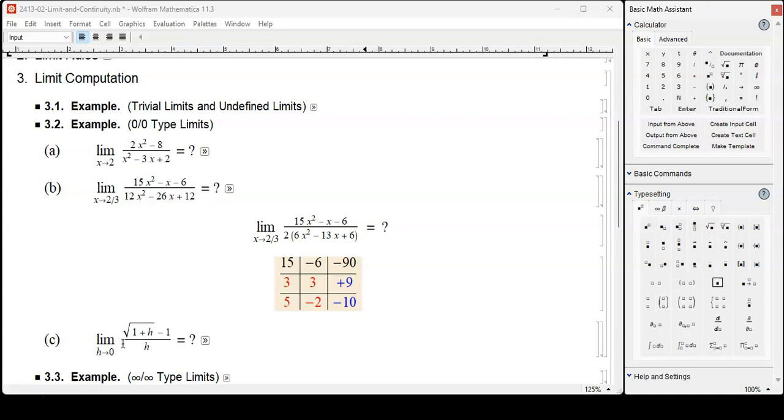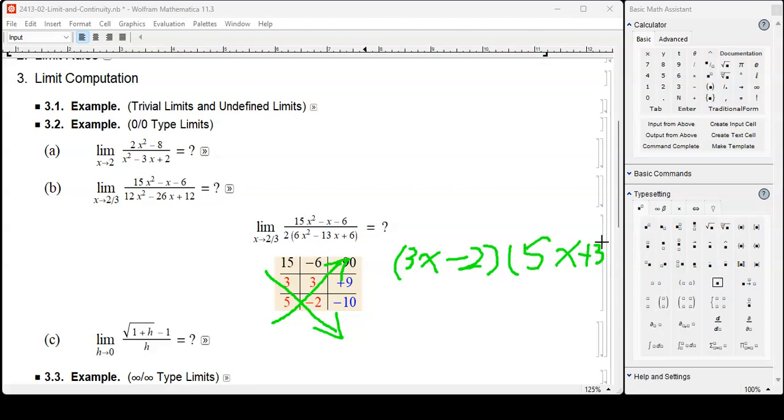Okay, and then what do we do? We do the cross multiplication. So we have this 3 negative 2 and 5 positive 3. So 3x minus 2 and 5x plus 3. Cross multiplication. 3 negative 2, 3x minus 2, 5 positive 3, 5x plus 3.